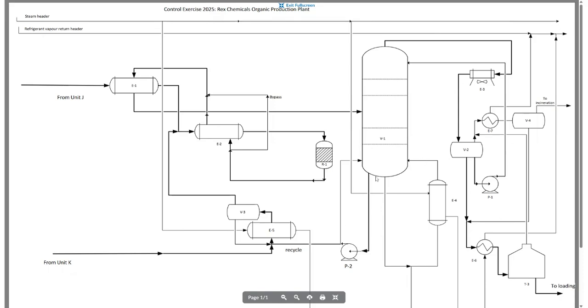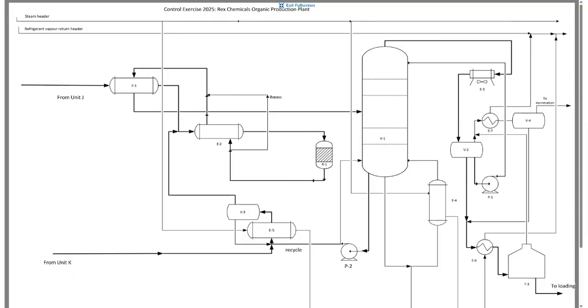Some unwanted components get pressurized, increasing pressure by using these centrifugal pumps in P2, and go back to this recycle stream, returning to the process. The entire system repeats itself like a control loop.